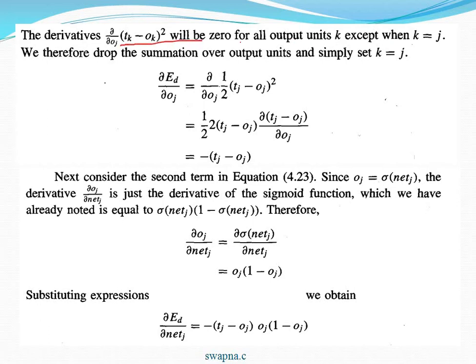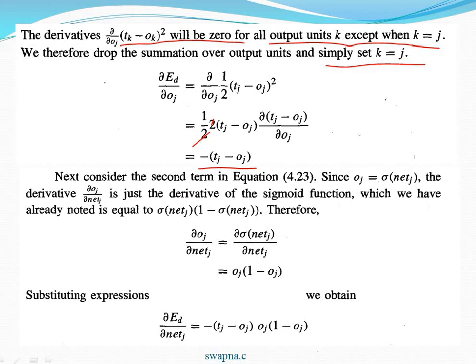The derivatives will be 0 for all output units k except when k equals j. Therefore we drop the summation over output units and simply set k equal to j. The derivative gives 2 times (t_j minus o_j) times the derivative of (t_j minus o_j) with respect to the output. The half cancels the 2, and the derivative of t_j minus o_j with respect to o_j becomes minus 1. So we get this.